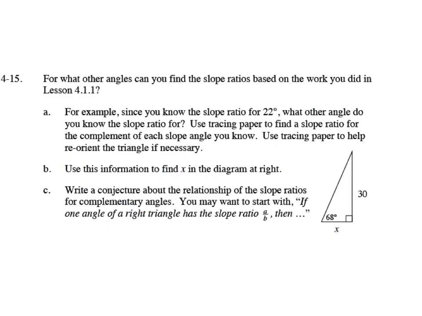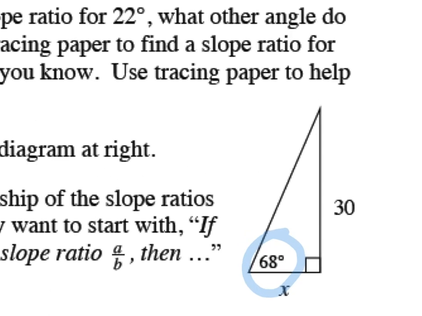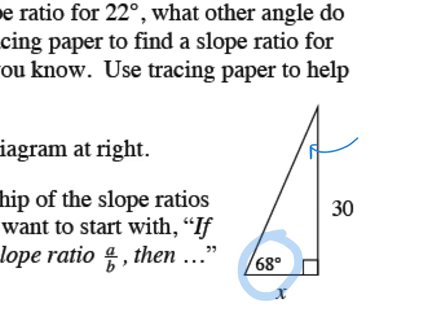So in practical application, for the last problem that we're going to do today, if I know that this angle down here is 68 degrees, I can determine the measurement of the other angle within that triangle, which would be this one up here. That angle would have to be 22 degrees because that's complementary with 68, and those three angles here, here, and here all add up to 90.